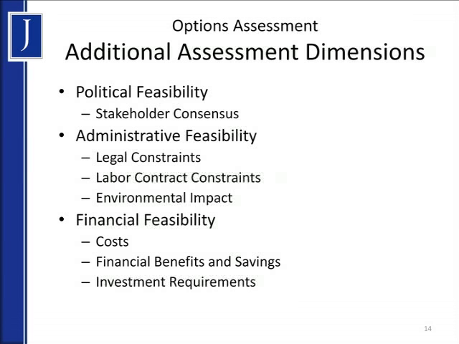Under administrative feasibility, you might have specific rows for labor contract constraints, legal constraints, environmental impact requirements. Under financial feasibility, you might have a row that deals with costs. You might have a row that deals with financial benefits and savings. You also might have a row that deals with investments that are necessary to achieve the savings. There might be an initial cost necessary to achieve down the road savings.